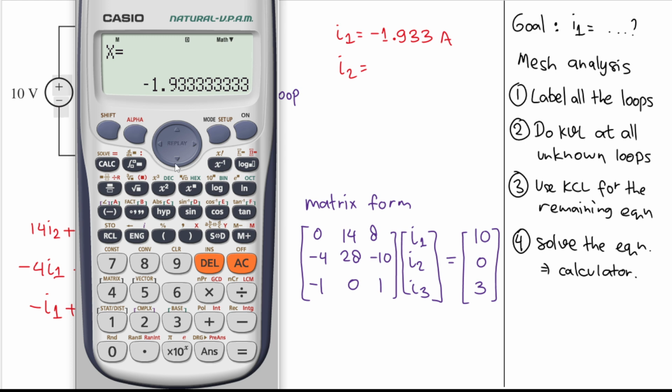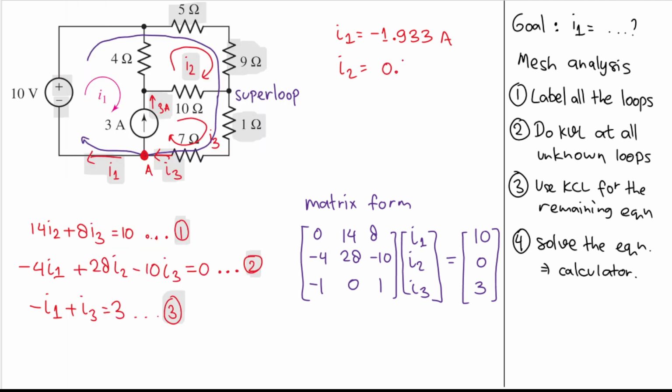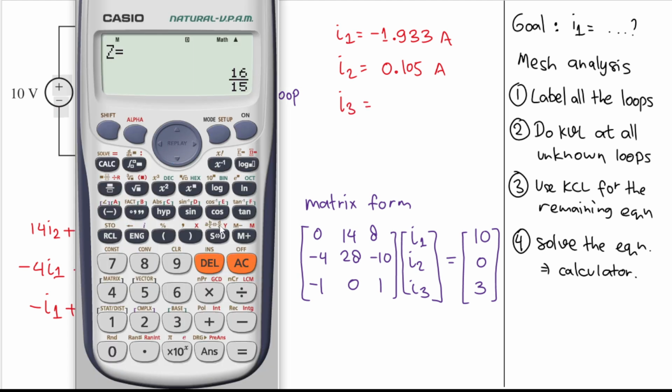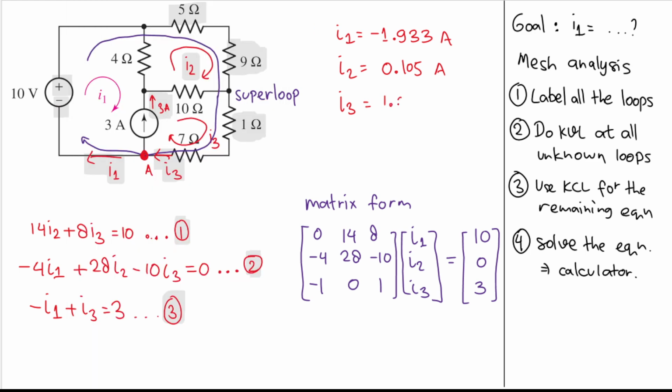I2 is the second component, which is 0.105 ampere. And then what is I3? I3 will be 1.0677. Okay, and then what is our goal? Our goal is to find I1, and we know exactly the value of I1.